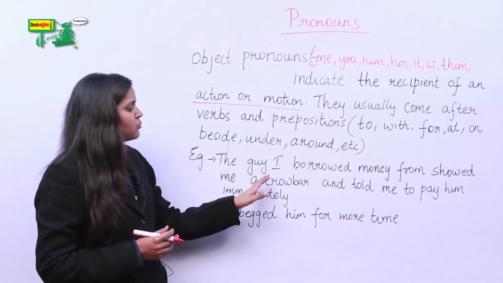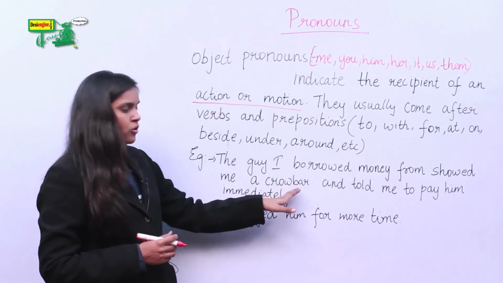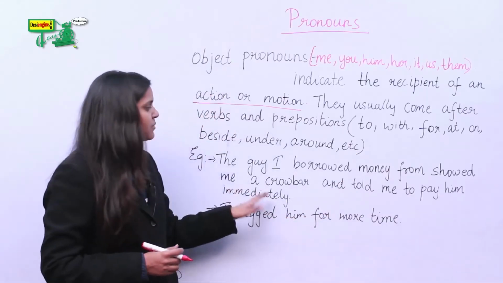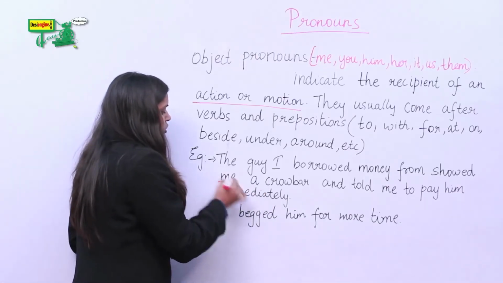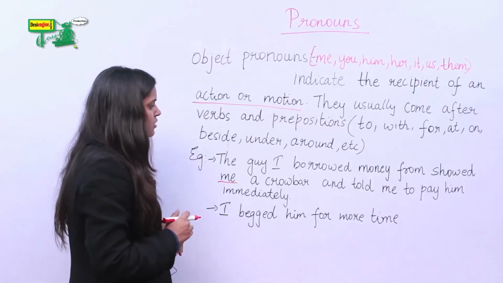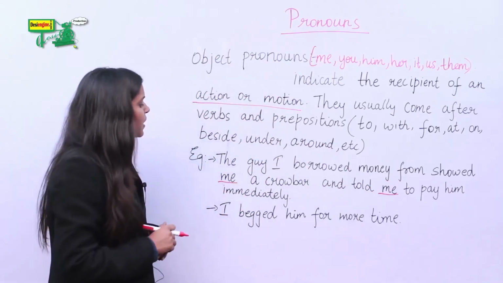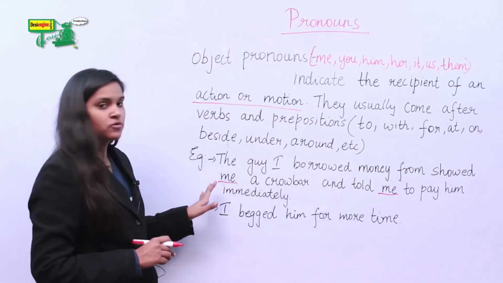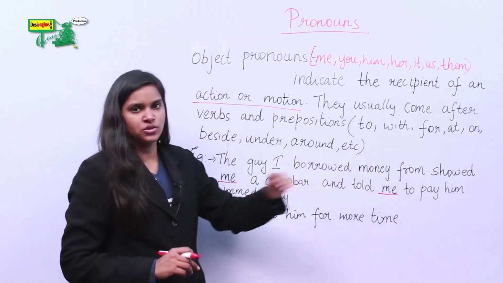The guy I borrowed money from showed me a crowbar and told me to pay him immediately. Here, this is our object pronoun, me, and another object pronoun in this sentence, because these two pronouns are recipients of the verbs showed and told.